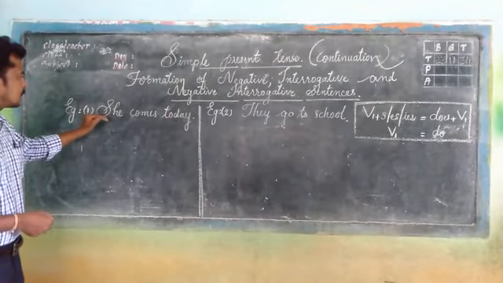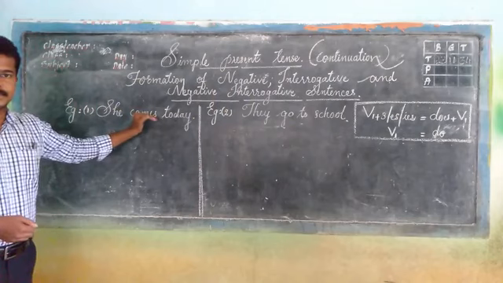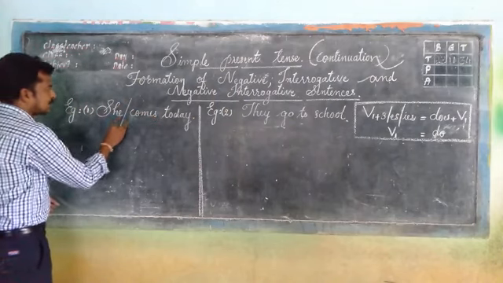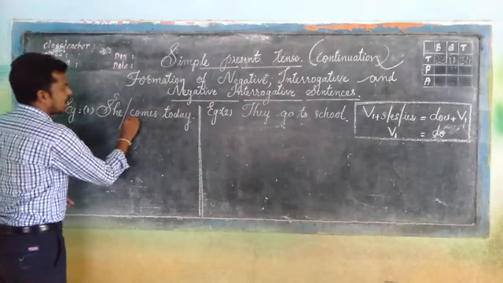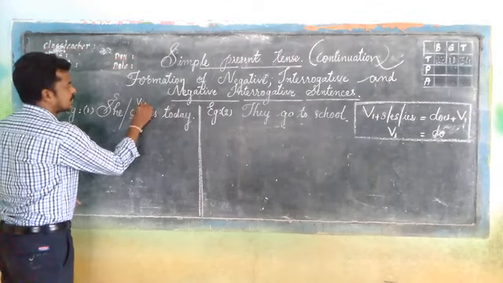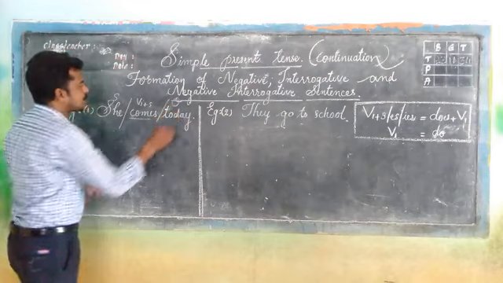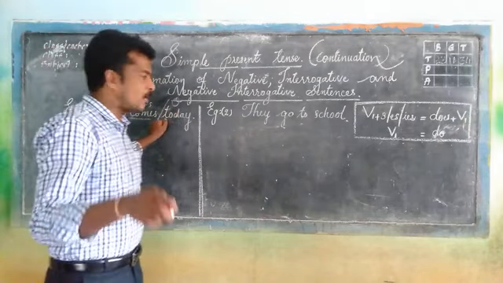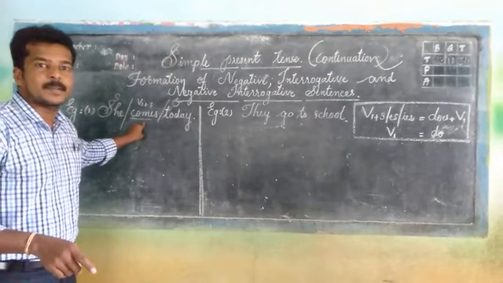One of the sentences: she comes today. We can easily understand that she is the subject, comes is V1 plus s, and today is the object part. This sentence is expressed in simple present tense because the verb form is V1 plus s.